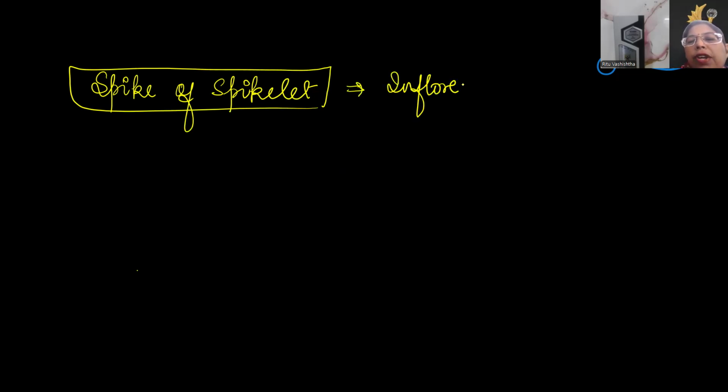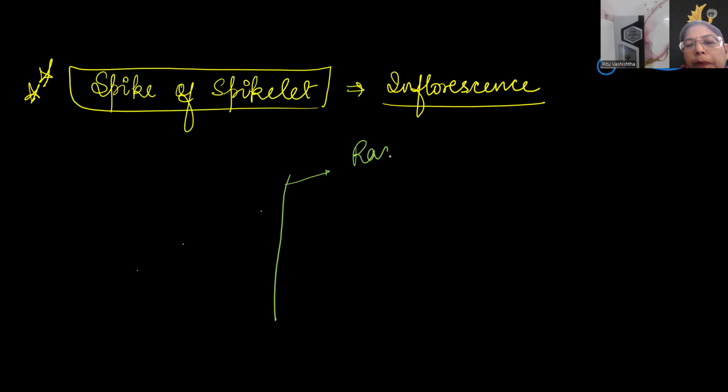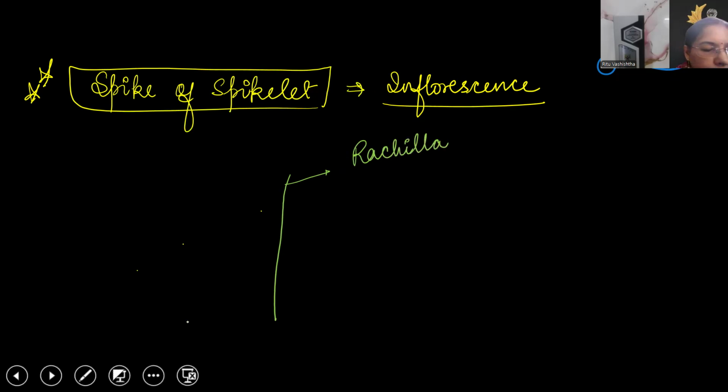What are the various structures present in the inflorescence, because this is most important. Just before the floral formula, I'm going to explain it so that you can retain it better. Here, this is the axis. This axis is known as the rachilla.